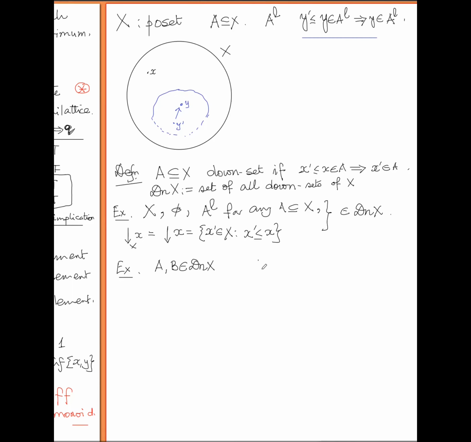What can you say about A intersection B, A union B, A difference B, and so on? Which one of these are downsets?